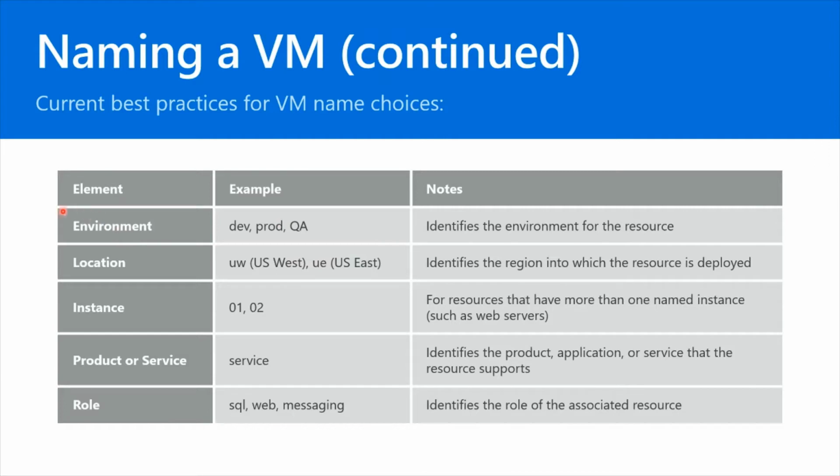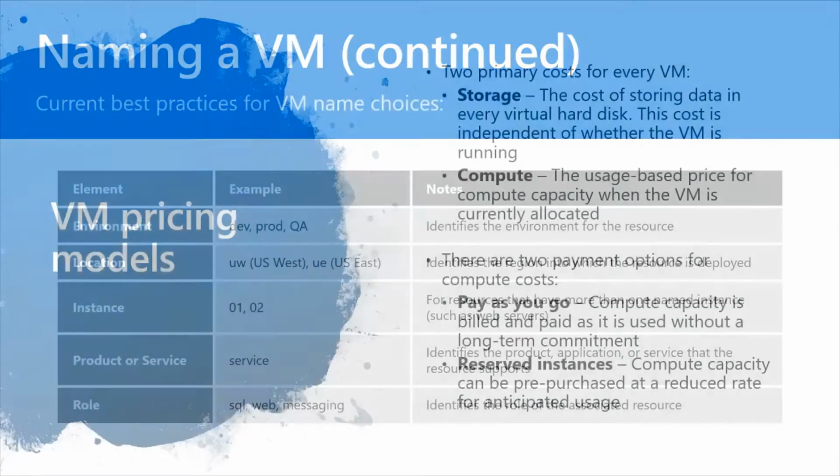You can use the environment in the virtual machine name to identify the environment, and you can use the location. You can use the instance, which instance is 01, 02, or whatever. You can use whether it's a product, service, or application. And you can also use the purpose for which you created this virtual machine, let's say SQL, web, or messaging.